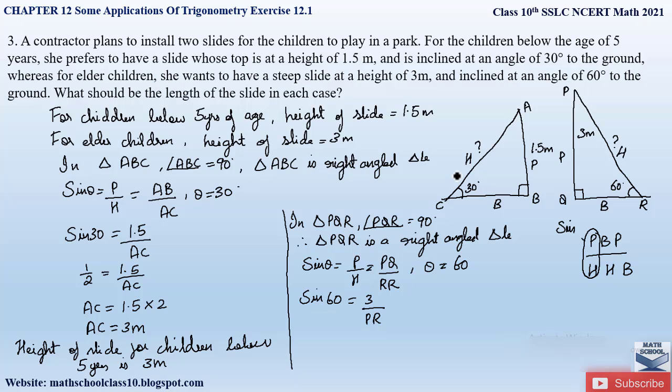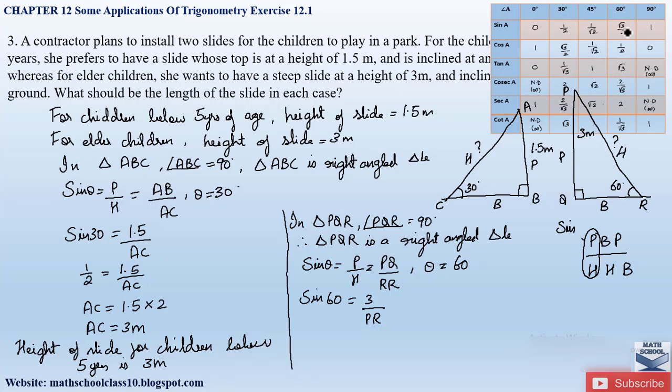Sine 60 from a trigonometric table is root 3 by 2. So root 3 by 2 is equal to 3 divided by PR. Now cross multiplying, we get root 3 PR is equal to 3 into 2, which is 6, or PR is equal to 6 by root 3.